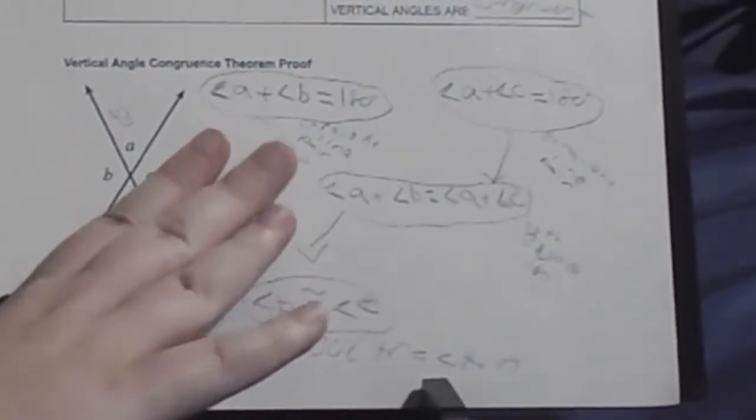So basically, what this means with numbers makes it a little easier. If I say A is 50, well, for this straight line pair, it has to add to 180. So B has to be 130. But also in this straight line pair, this also has to add to 180. So C has to be 130.